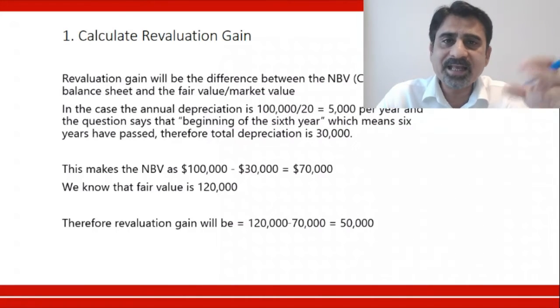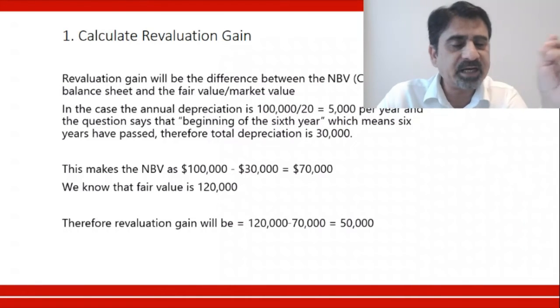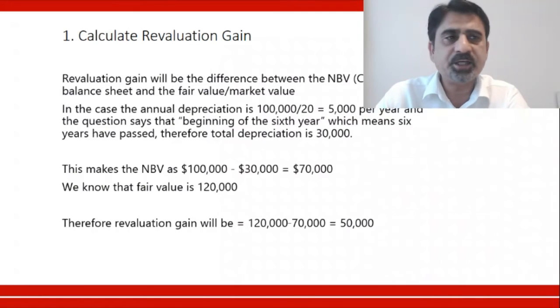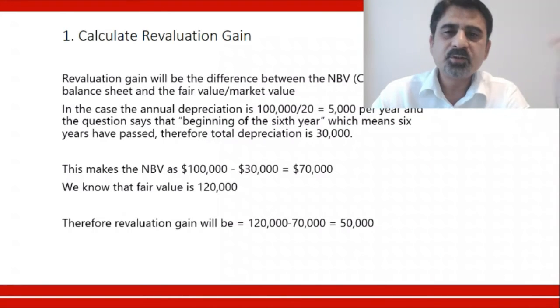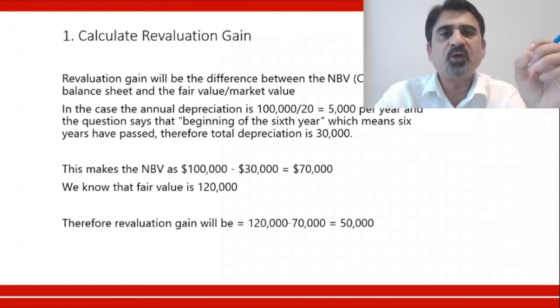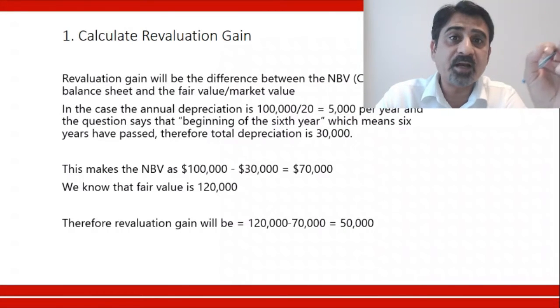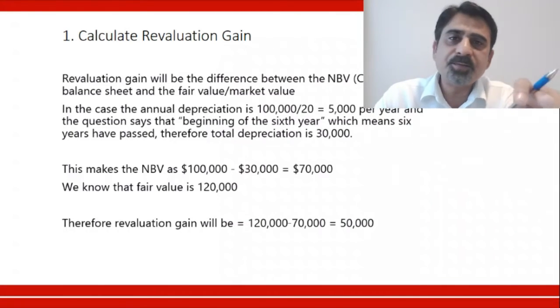But if you get any other benefit from other sources, that is called gain. For example, a change in the currency rates or forex is a gain. If the property price goes up, it is a gain. It is also a kind of benefit, but not from my operations. So I call it revaluation gain. And also remember that it is an unrealized gain.